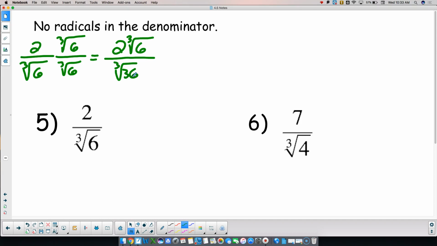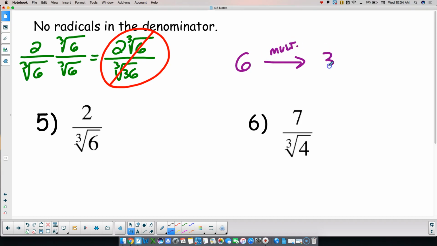So instead of multiplying by the cube root of 6 over the cube root of 6, I've got to get to the next perfect cube. So for this one, I've got to get 6 somehow by multiplication, not to 36, excuse me, to the next one that it goes into.